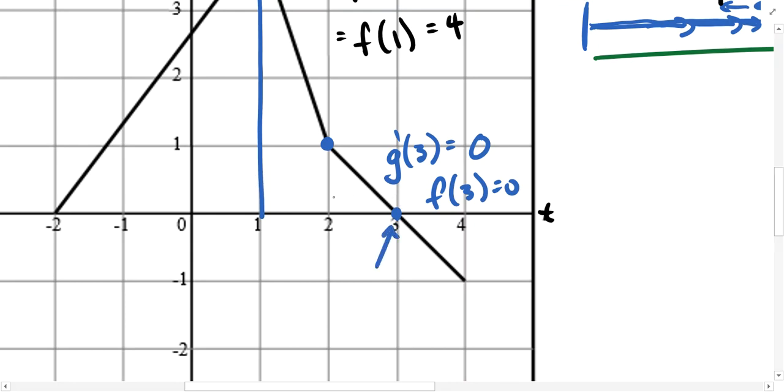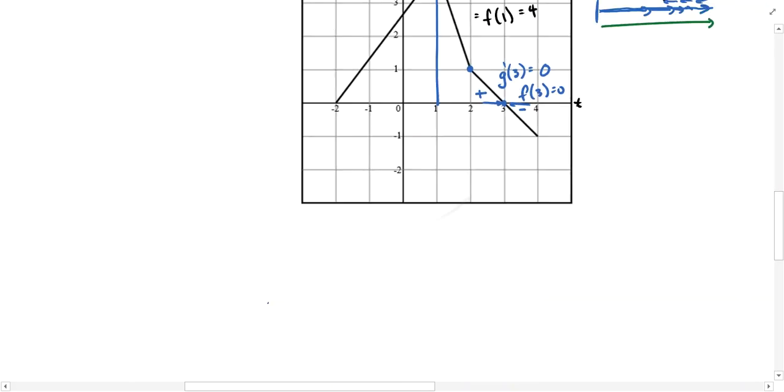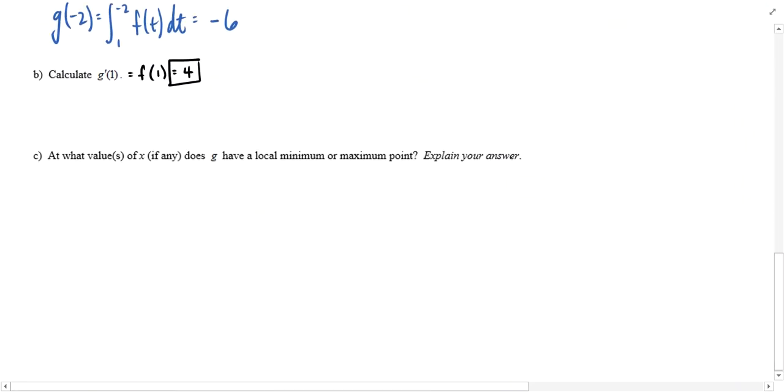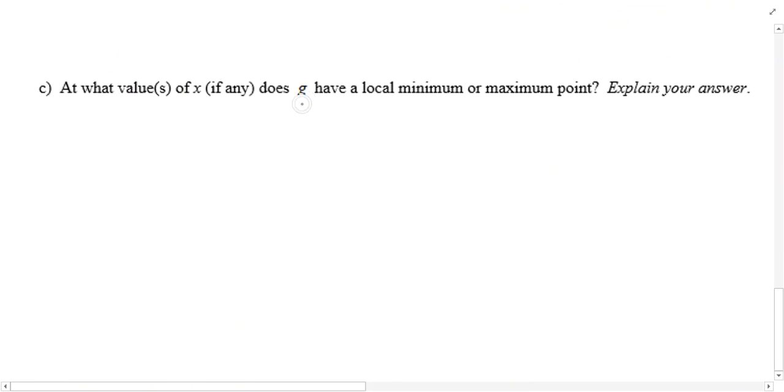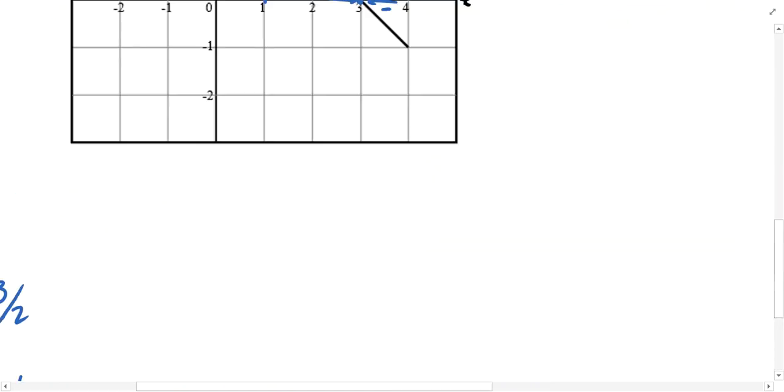In fact, we were noticing that the area was increasing up until this point, and then it begins to decrease at this point. And when we change from an increasing value to a decreasing value, we've stumbled upon a maximum point of that graph. And so that's exactly what's happening here. At what value does the function g have a minimum or a maximum point?